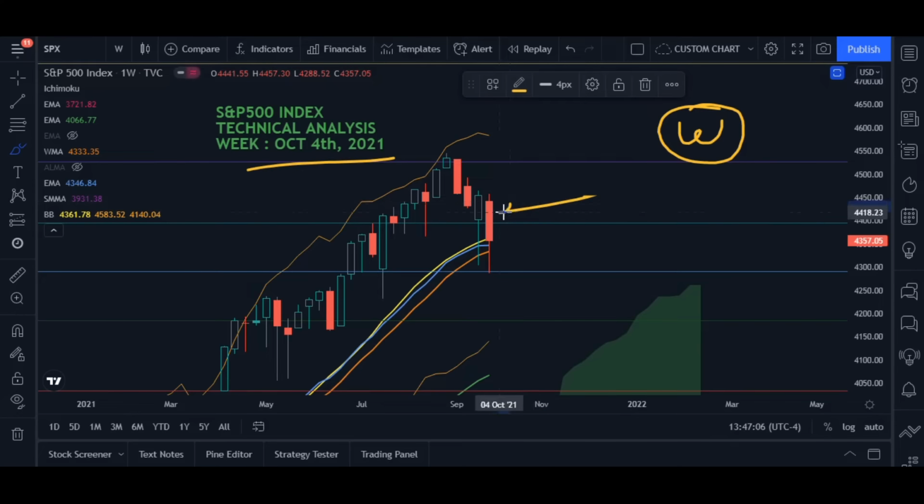Now, if you look at the last candle, in this week the market came down very heavily. But on Friday, October 1st, in the second half, there was a rebound because the market hit this critical level. As I've been telling you for the last couple of weeks, these supports and resistances are very critical.